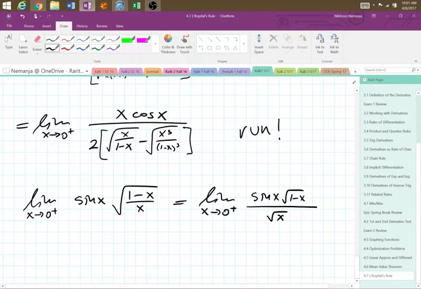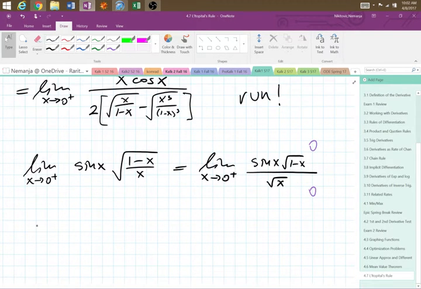And now, when you plug in 0, this one over here is 0, making everything 0 on top, and the bottom is 0. So we have 0 over 0 right away. Now take derivatives. So I use L'Hopital's rule now.